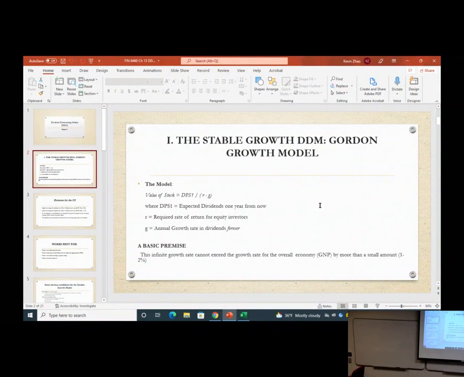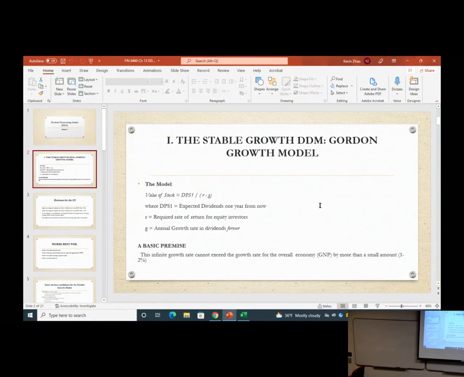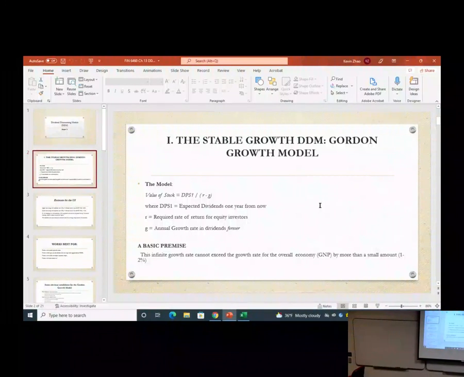But this equation offers you a great tool to understand the most important determinants of stock price. Three determinants. First one, cash flow, and here it's in the form of dividend. And discount rate and the growth rate.